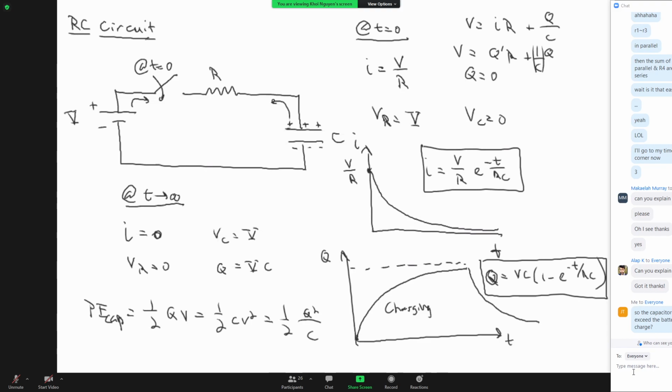Let's take a look at the passage that's come up before. Any questions on this, by the way, before we move on?